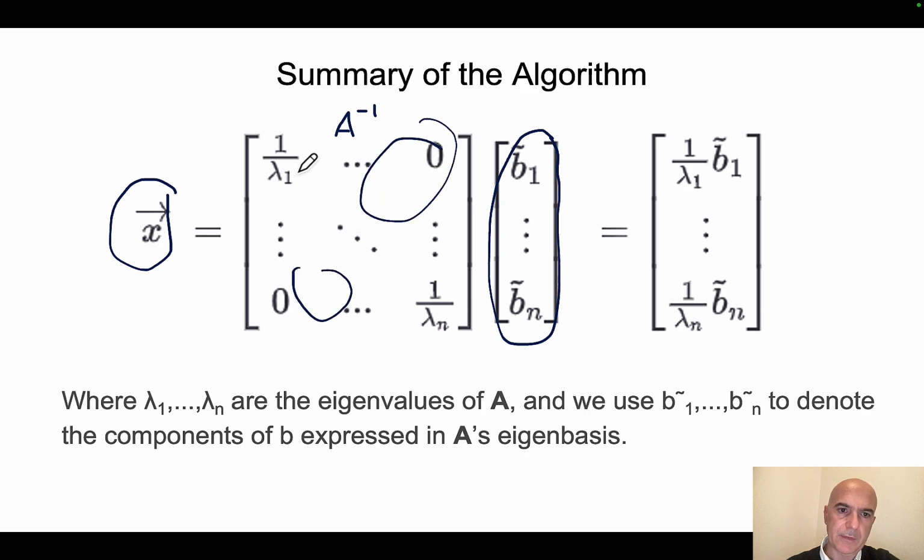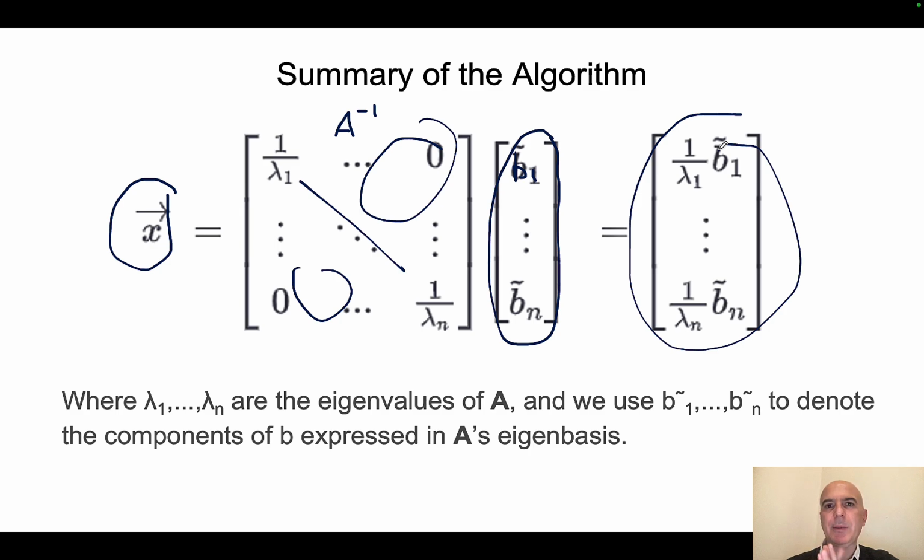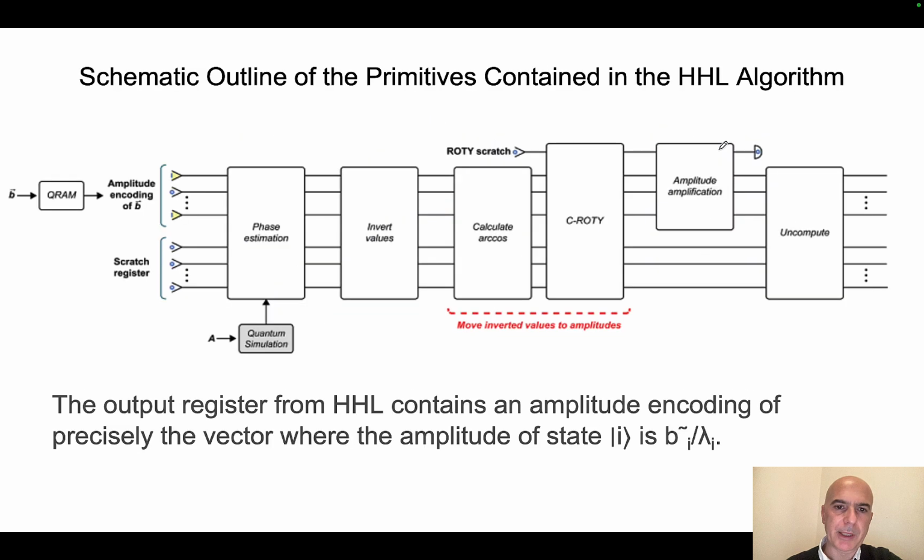Then we have the vector B expressed in the eigenbasis of A. Once we have these two things, it's quite easy to calculate the unknown. And this is the principle the HHL algorithm is based on.